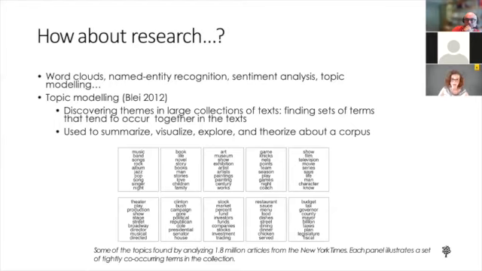An example of topic modeling is seen here, and this is a bit of research conducted by Blei in 2012, where we see that he extracted topics most commonly found together in almost 2 million articles from the New York Times. This is then helpful to summarize, visualize, explore, and theorize about a data set, which would normally be almost impossible to do manually.